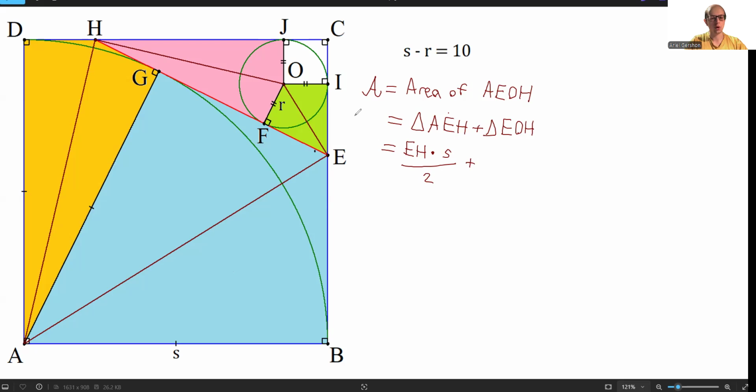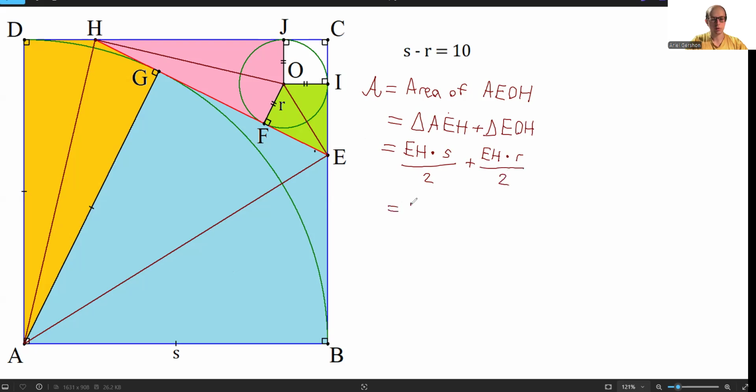And then for triangle EOH, it has the same base, EH, but the height is FO, which is the radius of the smaller circle, which is equal to R, divided by 2.